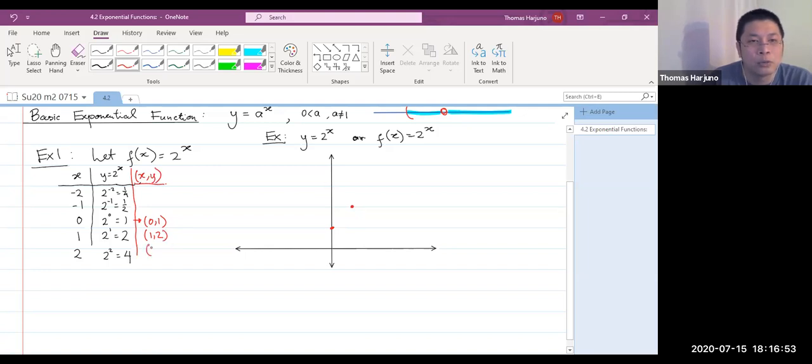Then (2, 4) is here. When x equals -1, y is 1/2, so (-1, 1/2), and (-2, 1/4). If I connect these coordinates, you will see the following graph.